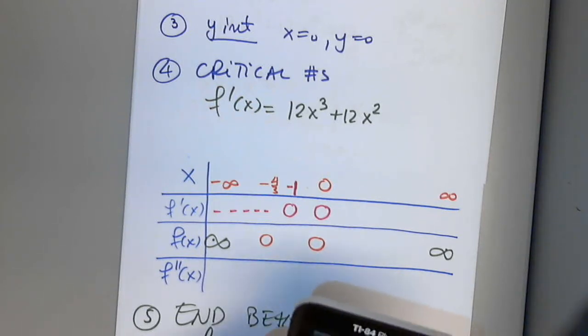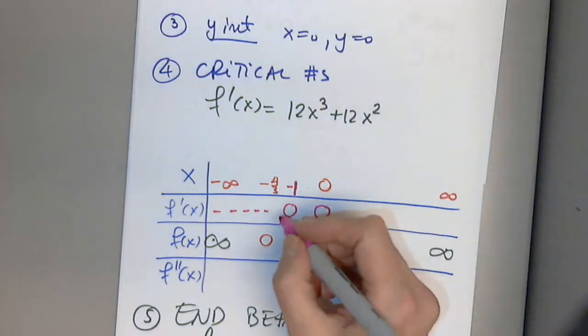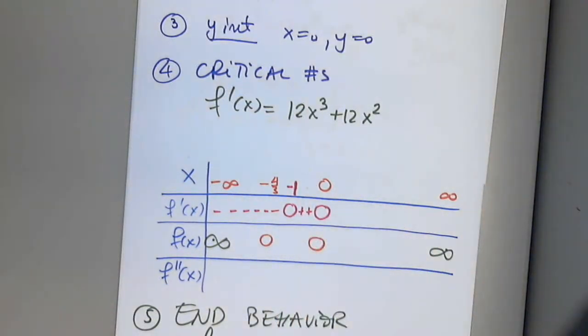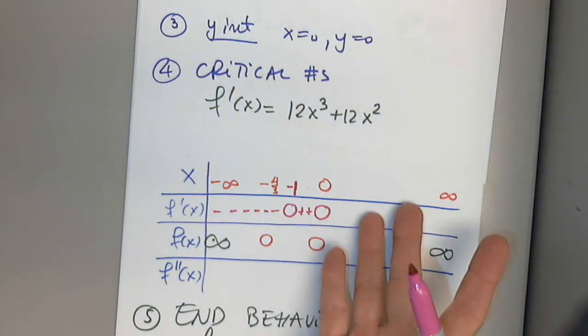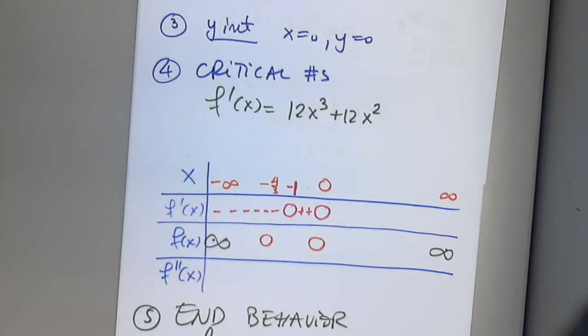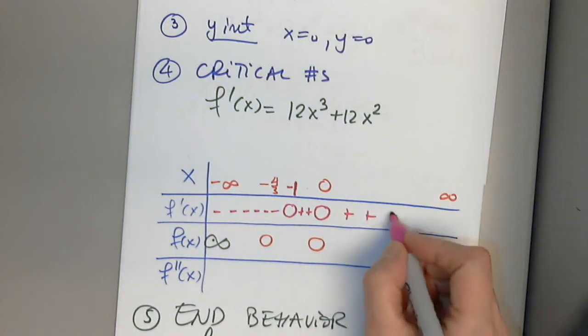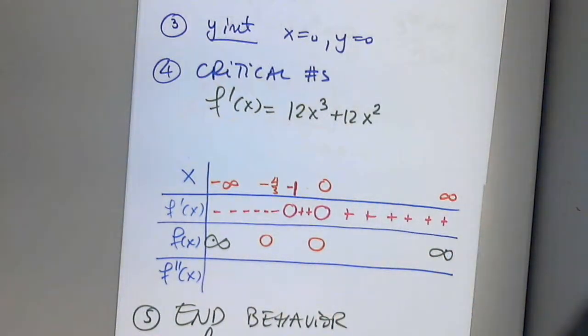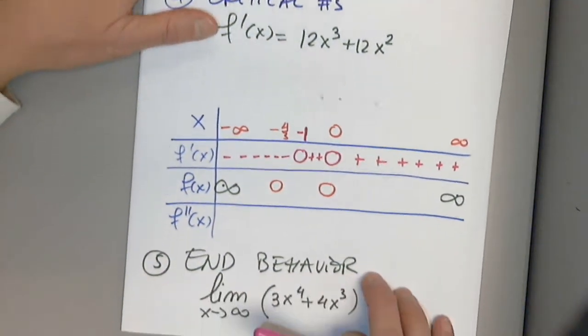I got positive 4.5. So obviously positive. And please plug in a number to the right of 0, like 10. And tell me what you get. It's a silly question. Positive. Perfect. Very good.